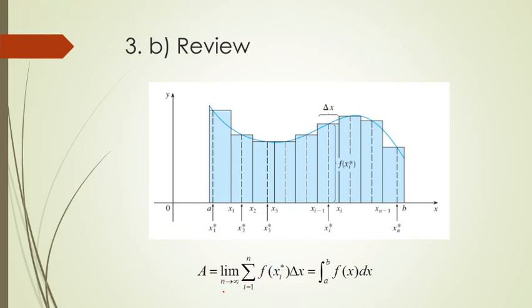So the area can be defined in this way: take the Riemann sum, f(xi star) times delta x, that is the ith rectangle, then take the sum, and we let n approach infinity. That means you increase the number of rectangles, right?